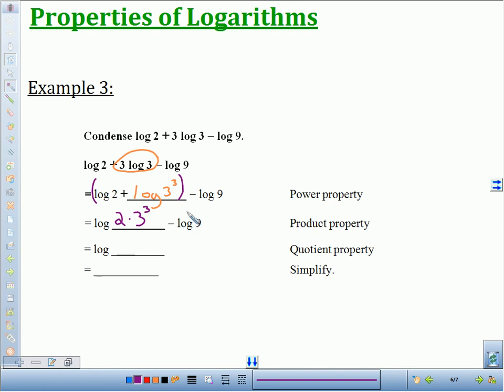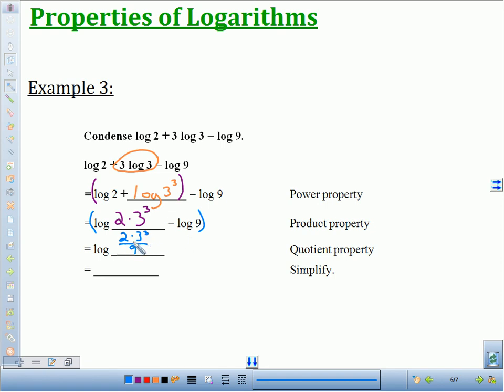Again, notice the log of 9 hasn't changed yet. Since I'm subtracting log of 9, I can use the quotient property to combine that with division. Gives me log of 2 times 3 to the third divided by 9.